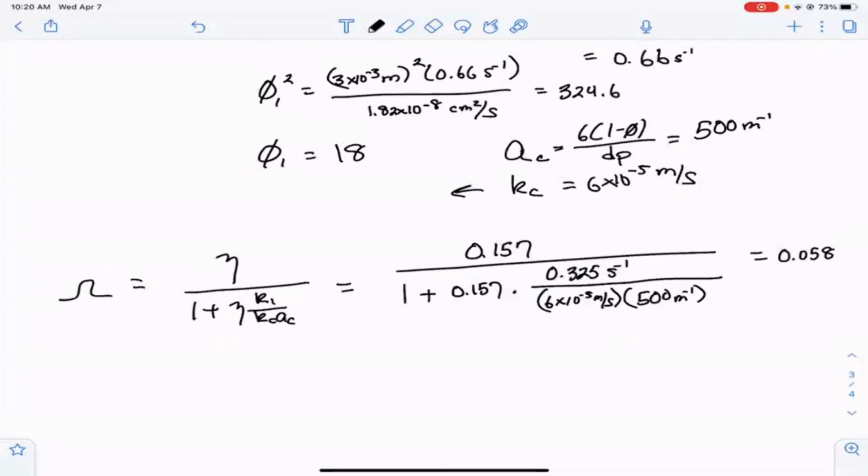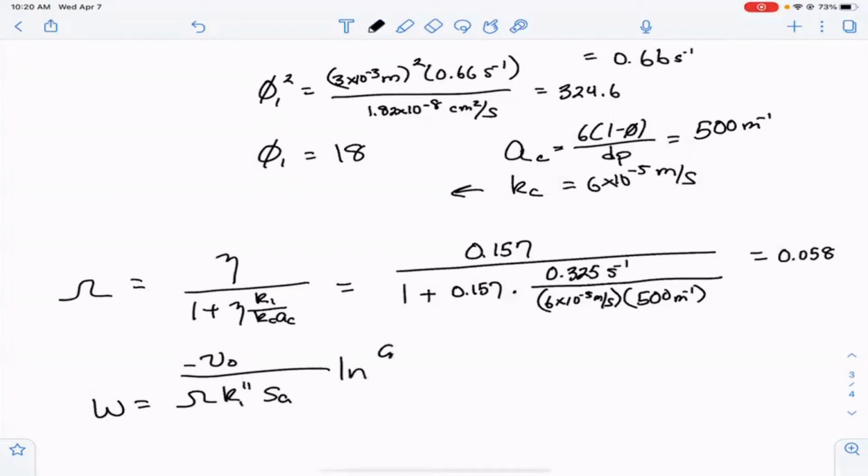Now, fortunately, we have everything that we need now to solve this problem. We said that the weight was minus the volumetric flow rate divided by our overall effectiveness factor times K1 double prime times the area, and sorry, I forgot the natural log term, times the natural log of CA over CA0. We're given the flow rate in the problem, and that is just 10 to the minus 6 cubic meters per second. I made sure that the units all worked out.